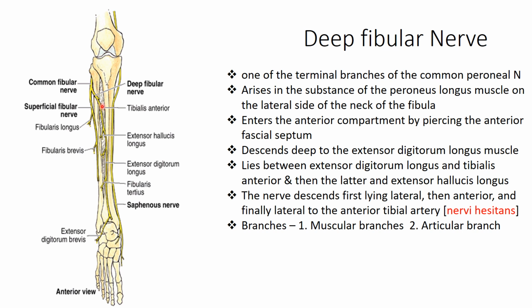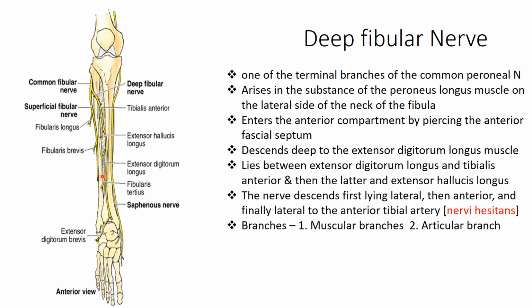It enters the anterior compartment by piercing the anterior intermuscular septum, which is attached to the anterior border of the fibula. Then it descends deep to the extensor digitorum longus, and initially it lies between the extensor digitorum longus laterally and tibialis anterior medially. Then in the distal portion, it lies between the tibialis anterior and extensor hallucis longus, with extensor hallucis longus lying laterally and tibialis anterior medially.